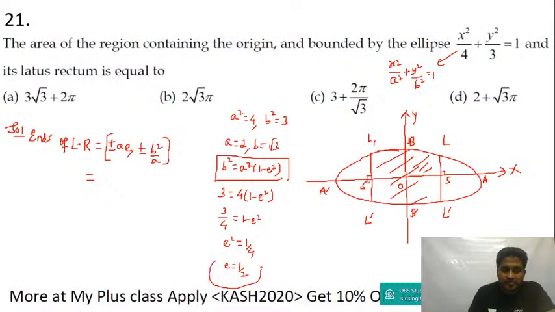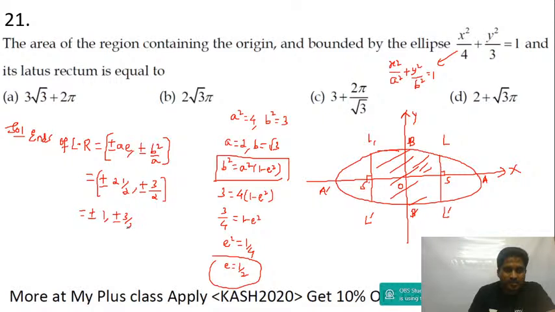Now if I substitute here, this is plus minus a is equal to 2, e is equal to 1 by 2, comma plus minus b square by a, which is 3 by 2. So this is plus minus 1 comma plus minus 3 by 2.